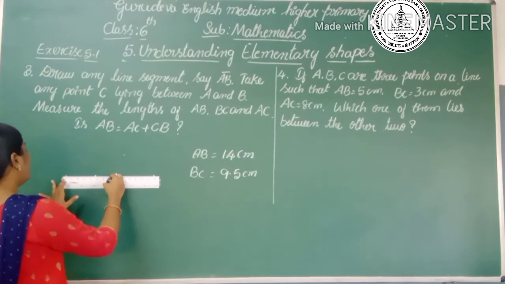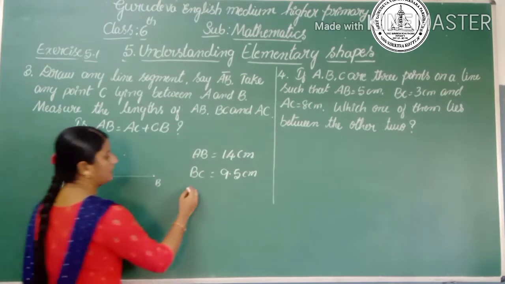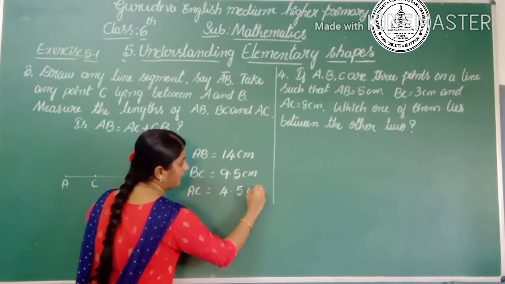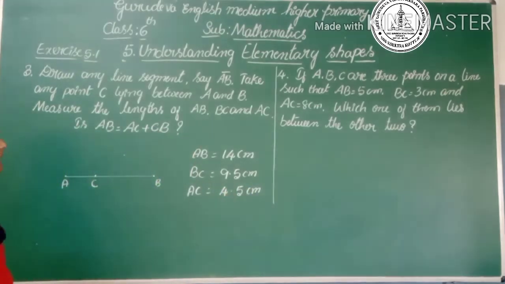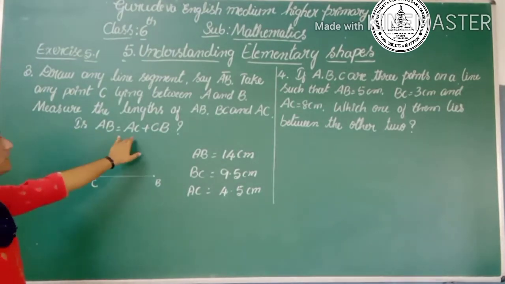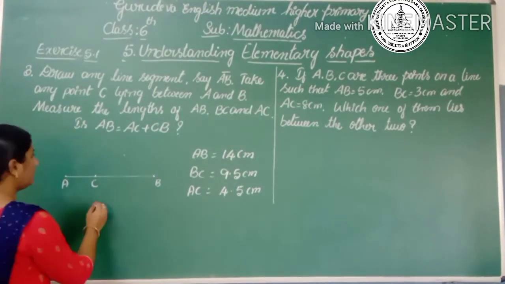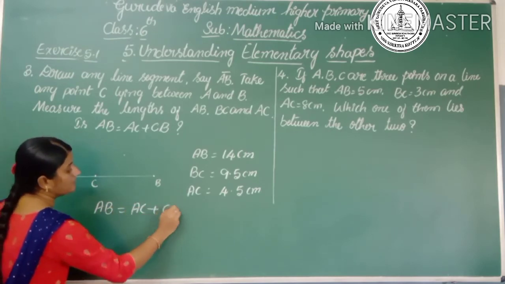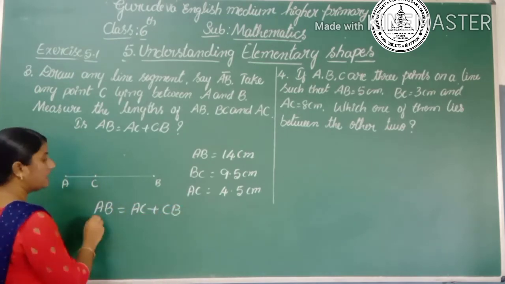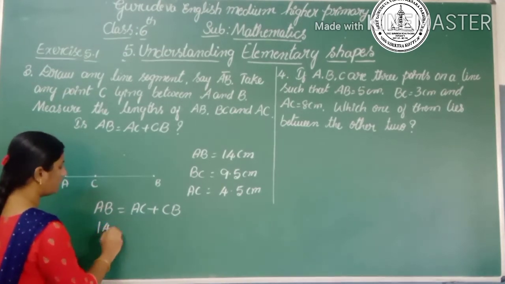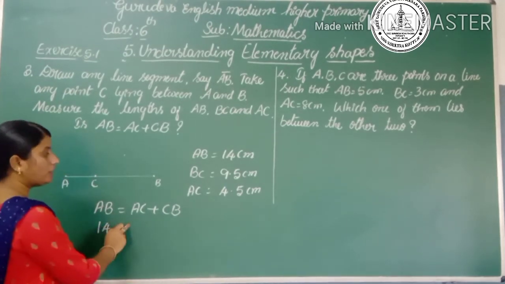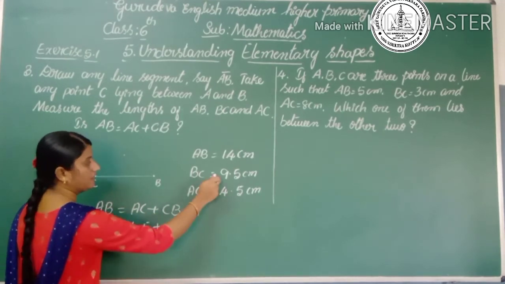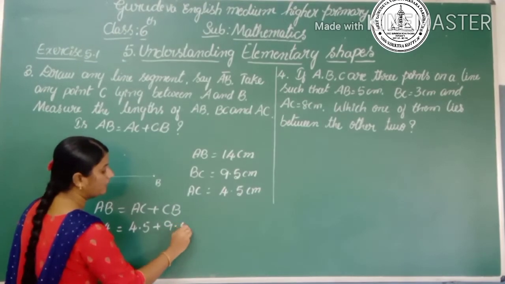Then find the measurement of the length of AC. Yes, it is 4.5. The length of AC is equal to 4.5 centimeters. Then find AB is equal to AC plus CB. The length of the line segment AB is 14, which is equal to AC, 4.5, plus BC, 9.5.